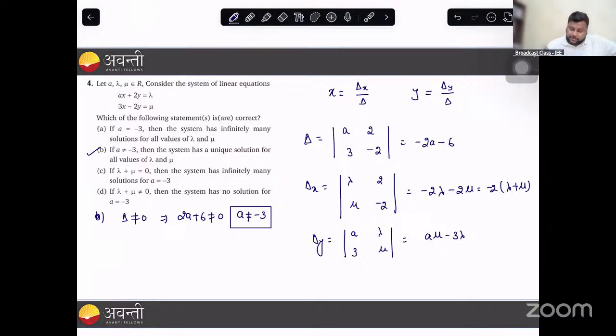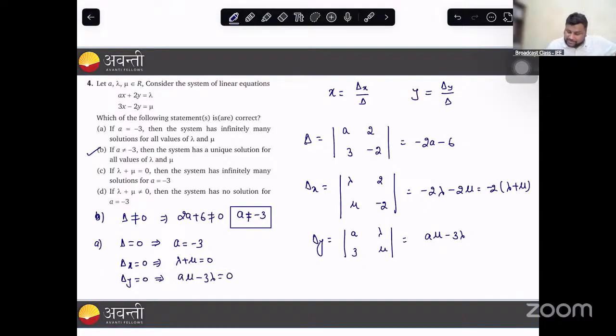Got it? Now, for option A I will check for infinite solution. For infinite solution, delta should be 0. That means a equals minus 3. Then delta x should be 0. That means lambda plus mu should be 0. Delta y should also be 0. That means a mu minus 3 lambda should be 0.